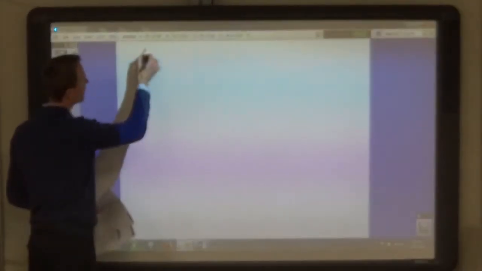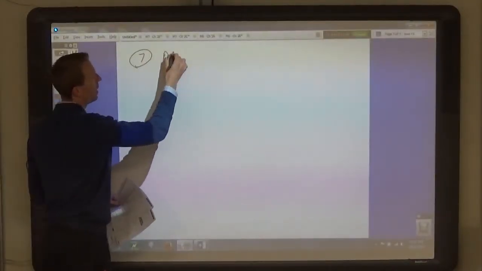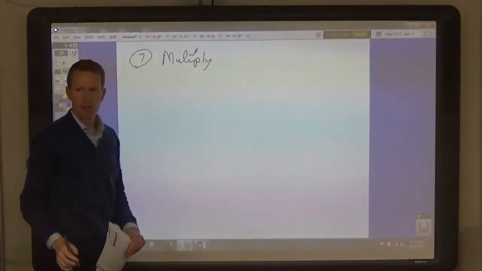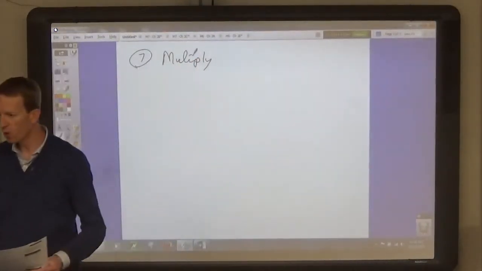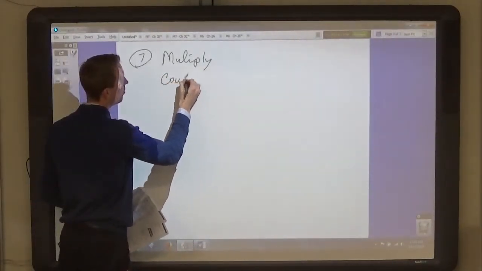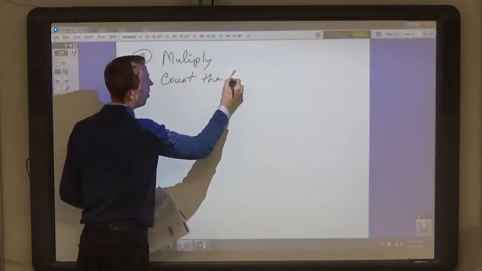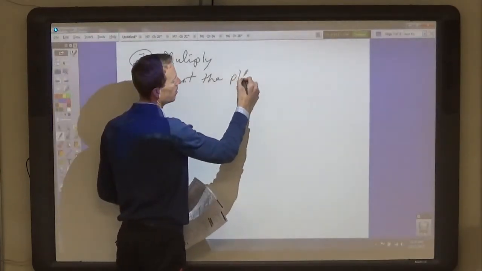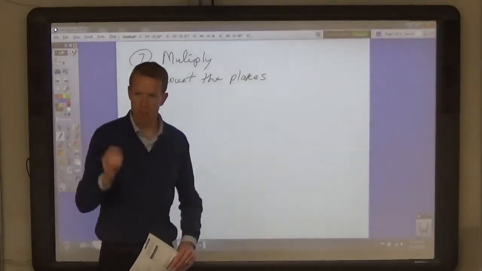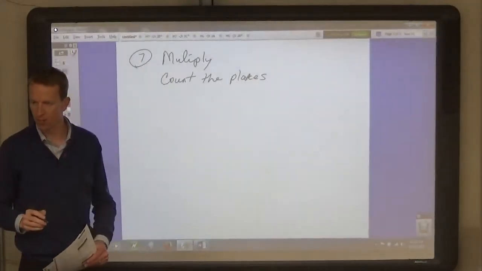What is the product? When multiplying, multiply as normal, and then count all the places behind the decimal point and move the decimal point into the answer.